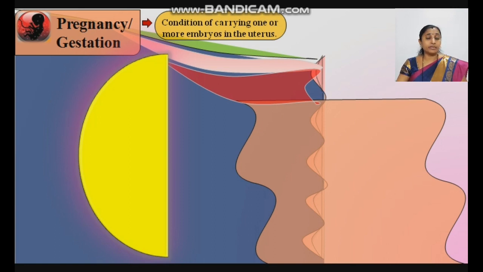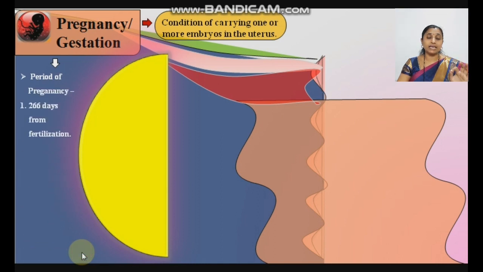If you consider this 9-month period in days, what is the duration of pregnancy? It lasts 266 days from fertilization, and 280 days from the start of the last menstrual cycle.